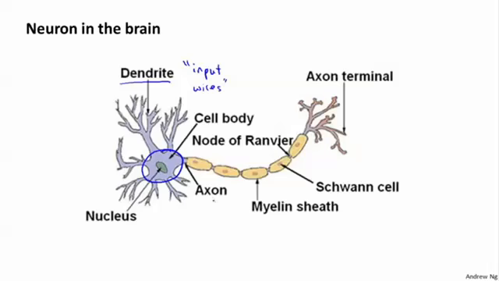And the neuron also has an output wire called the axon, and this output wire is what it uses to send signals to other neurons, or to send messages to other neurons. So at a simplistic level, a neuron is a computational unit that gets a number of inputs through its input wires, does some computation, and then sends outputs via its axon to other nodes or to other neurons in the brain.